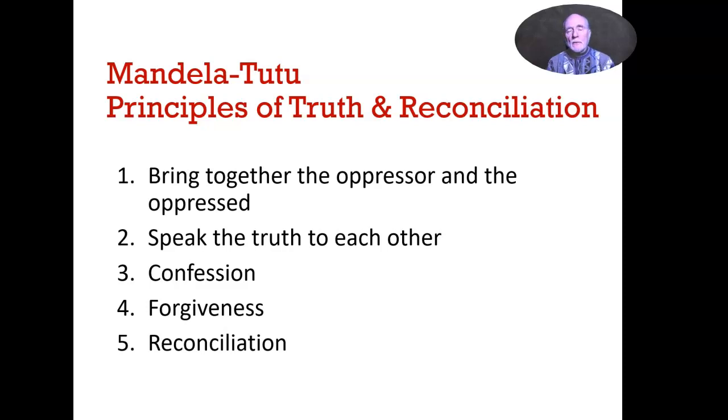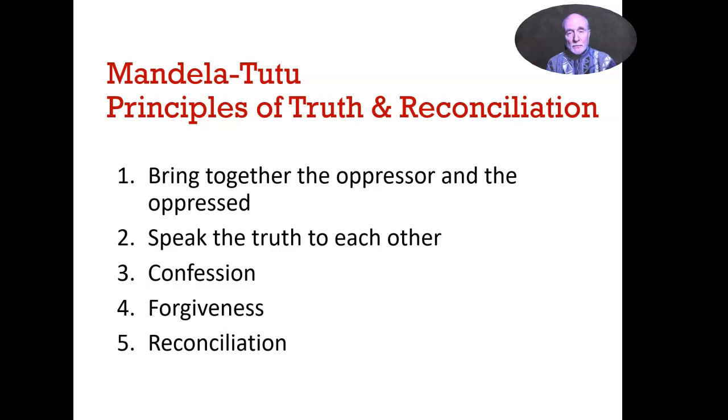Nelson Mandela was often asked how he could forgive some 20 years of torture done to him, the effects on his family, upon his community, and he replied that you don't begin with forgiveness. There's a process that leads to forgiveness based upon principles, coming together with the oppressor, speaking truth to each other, confession, and then forgiveness and reconciliation.